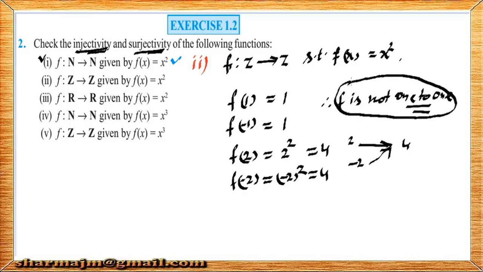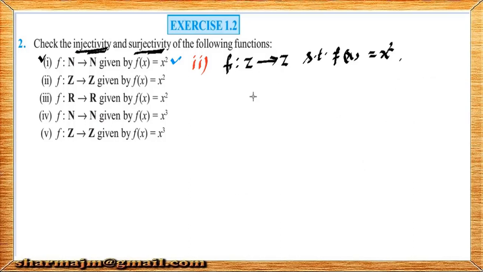Now we check this function for onto. So here you see x square is non-negative. If you take any integer, positive or negative or 0, x square will always be non-negative. So if you take negative numbers in the codomain on the right hand side, their pre-images will not be there in the domain.